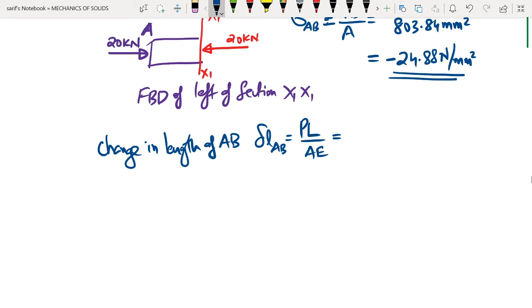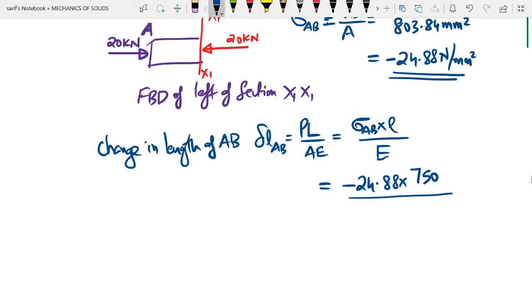We know that P by A is sigma, so sigma AB into L by E. So sigma AB is minus 24.88, into the length of AB, which is 750 mm, divided by the modulus of elasticity of the material, which is 2 into 10 raised to 5 Newton per mm square.